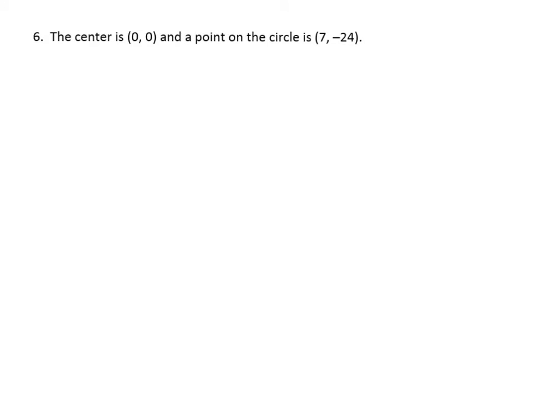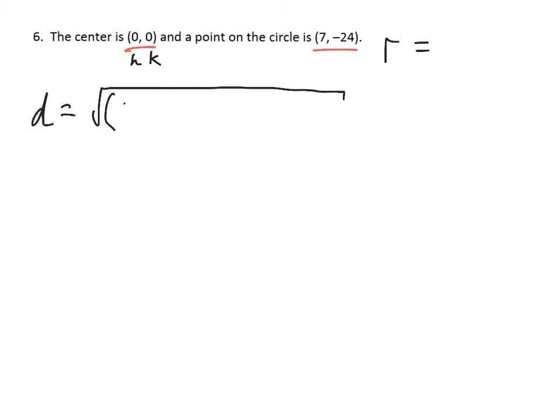Next problem is a similar setup. My center is at (0, 0). Point on the circle is (7, -24). So I have my center, so I know my h is 0, I know my k is 0. What I need is the radius. So once again, I have to use the distance formula. In this case, when I plug it in, I'm just going to have 7 minus 0 squared and negative 24 minus 0 squared.